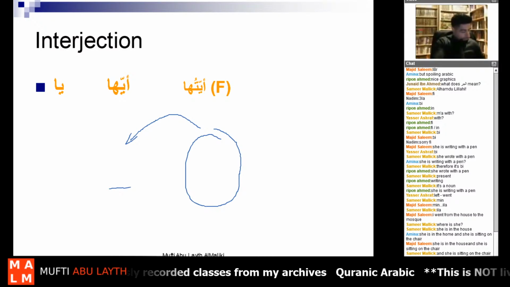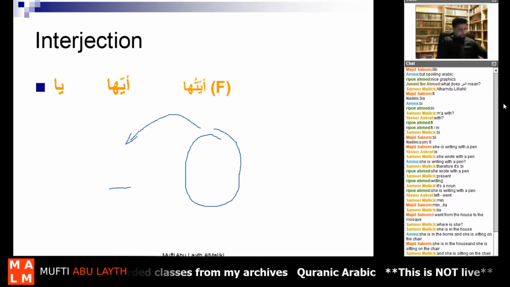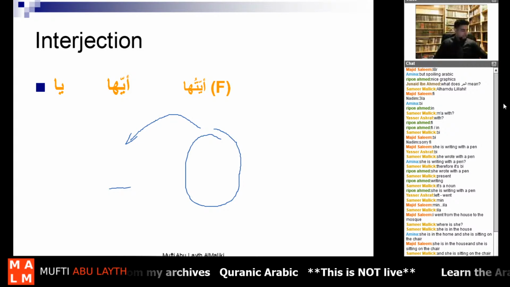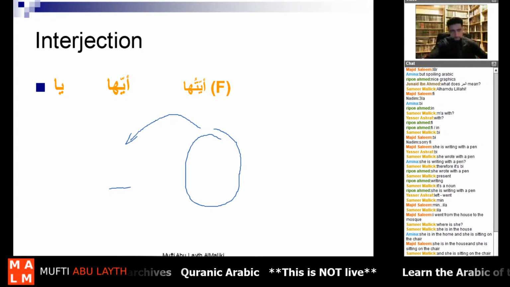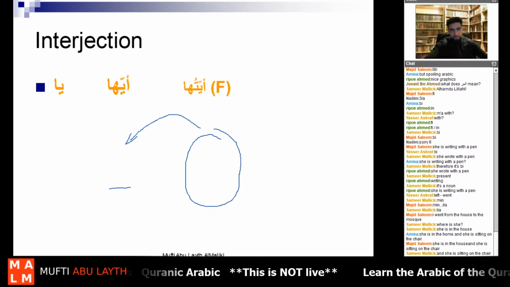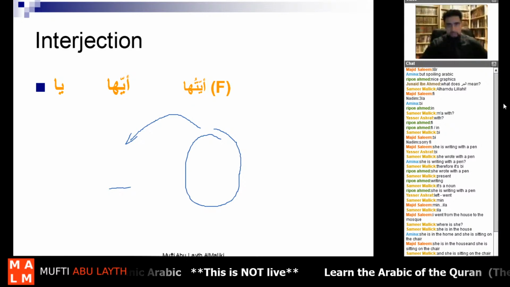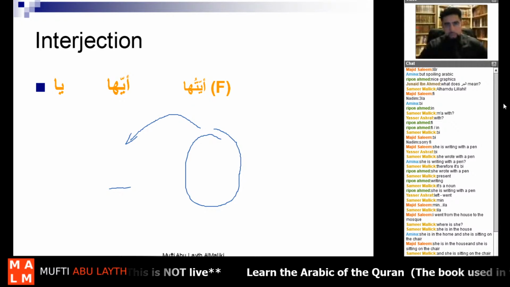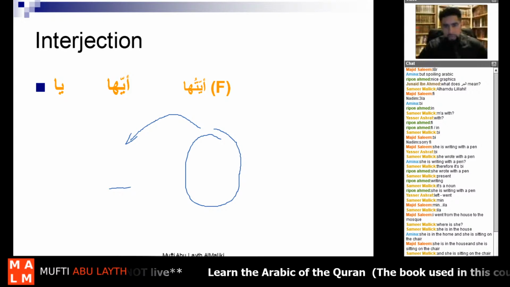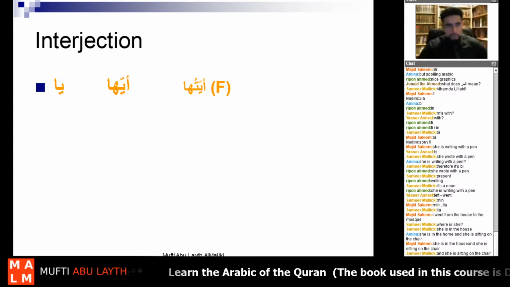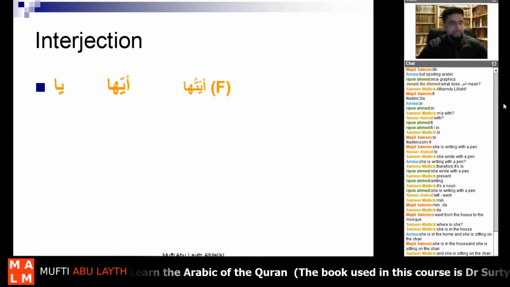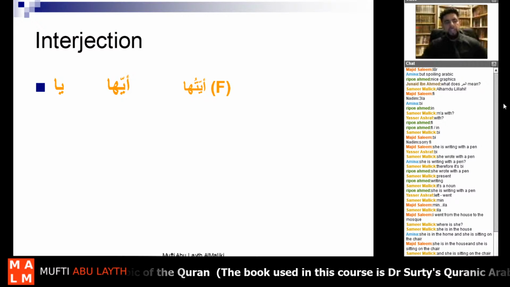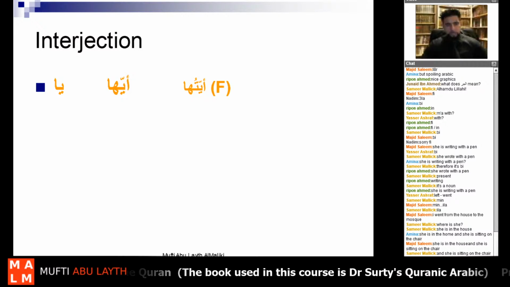Now, that being said, let me very quickly explain what the interjection is. That was the bulk of the lesson. Now just one or two little pointers, and then inshallah we can be on our way. An interjection is like these three words here: ya, ayyuha, and ayyatuha.